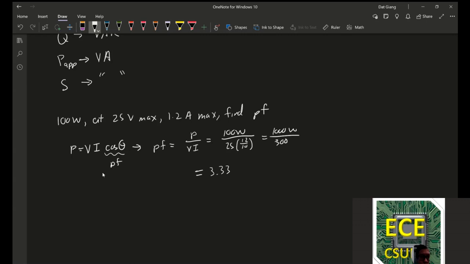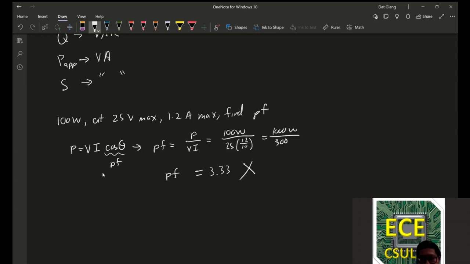So what does this tell us? This tells us that I cannot pick any kind of quantity, because I might get very illogical values that don't make any sense. A power factor of 3.33 means we have a system that somehow generated more power than it put in.